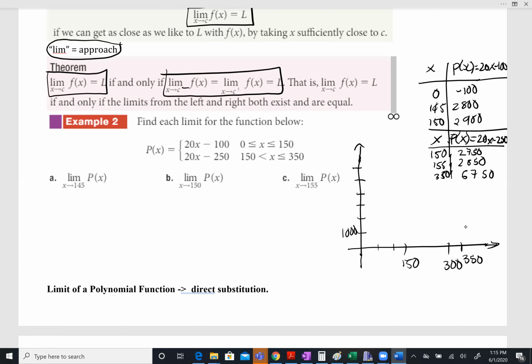Maybe it's up a little bit. So 7000 is y, here's x. So I have negative 100, so maybe here, negative 100 and 0, right?